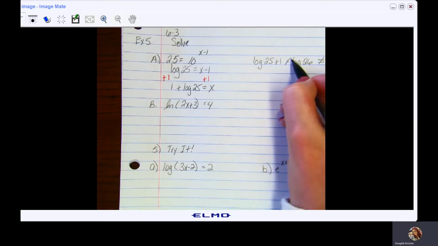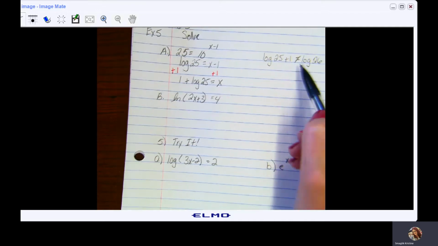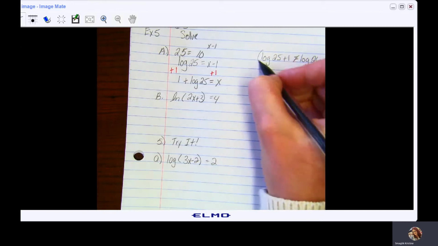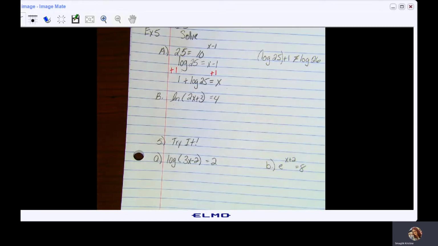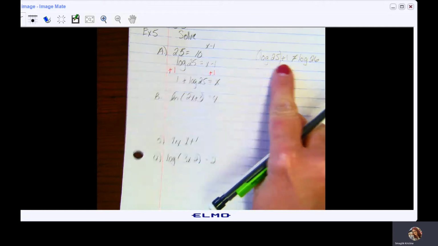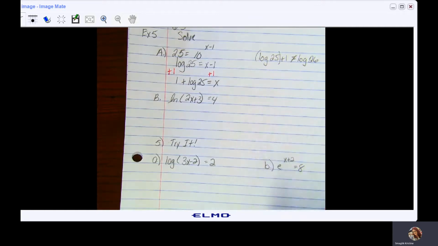So these are not the same. So when you're evaluating in your calculator, it is log of 25 plus 1, not log of 26. Make sure too that when you're entering this in the calculator, if you do put that 1 to the right, close off your parentheses before hitting plus 1.